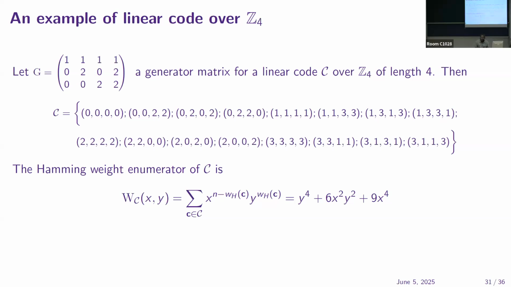The other 8 have Hamming weight with the other codewords. The weight is 4. There are 9 codewords with Hamming weight 4. We count 1, 2, 3, 4, 5, 6, 7, 8, 9.